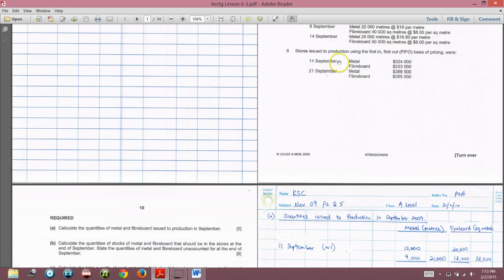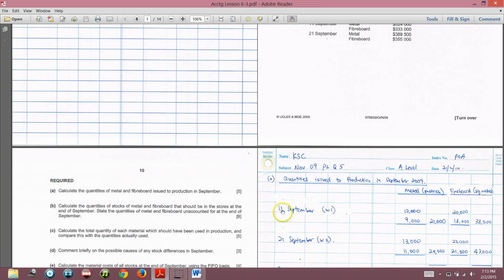But over here, it gives you the price of the metal and fiberboard issued to production. So this number 6 here is giving you a very strong hint to answer this part A of this question. So you have 11 September, metal and fiberboard. This is the price that was issued to production.